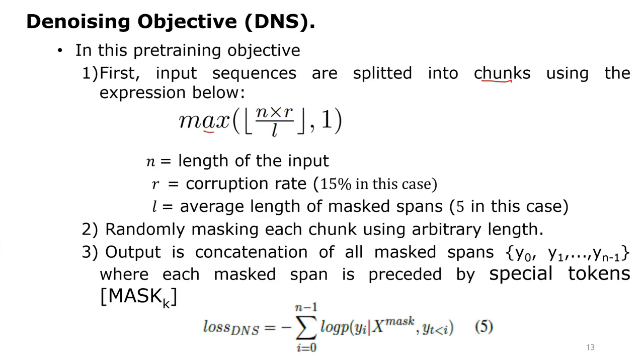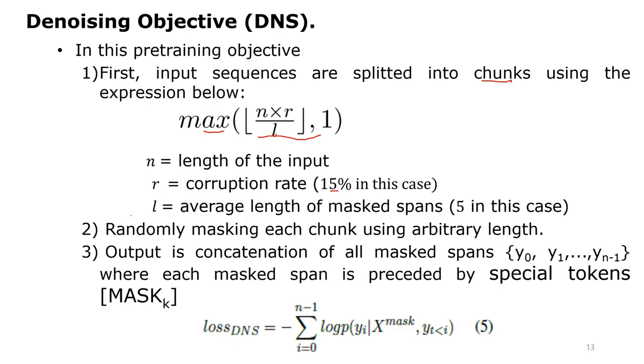The authors use this method to split those sequences. N is the length of the input. R is the corruption rate, and they use 15% in this paper. L is the average length of the masked spans.